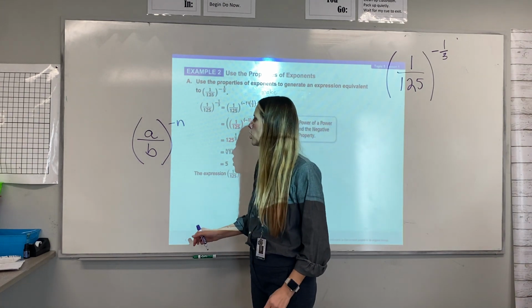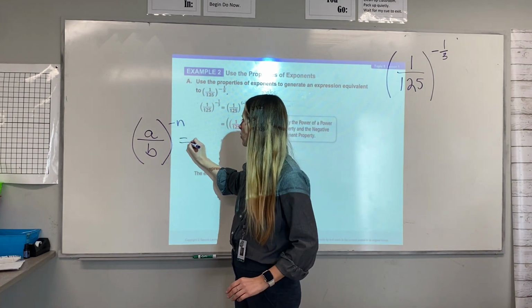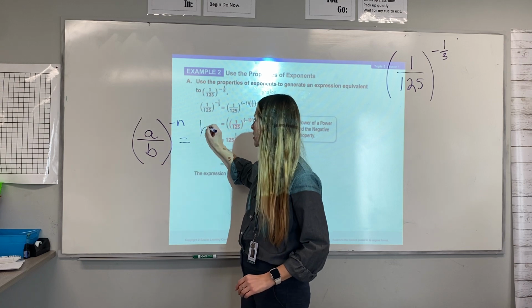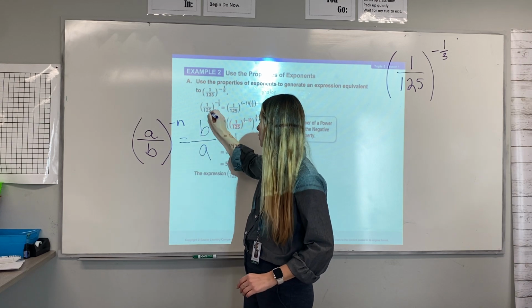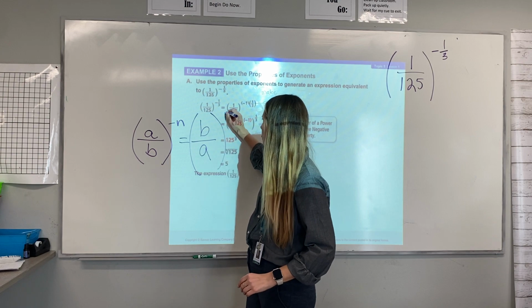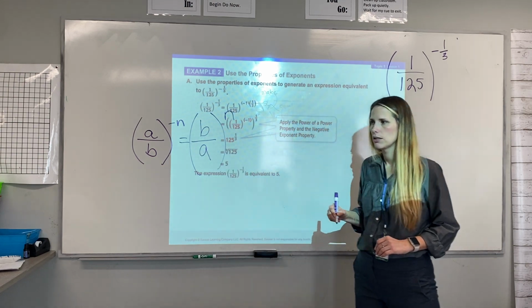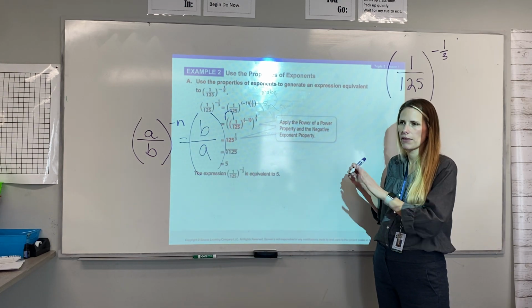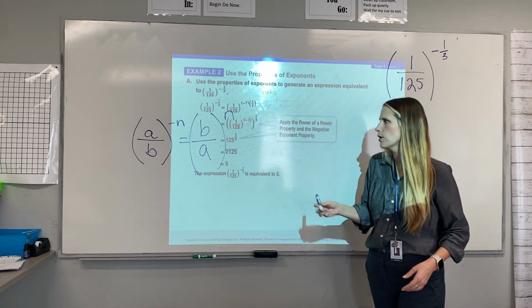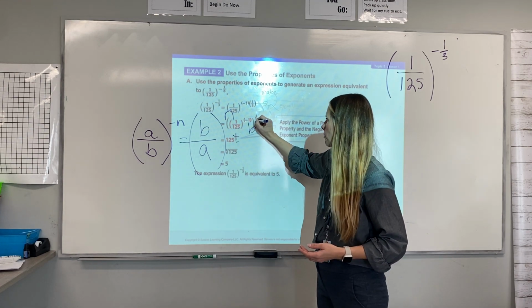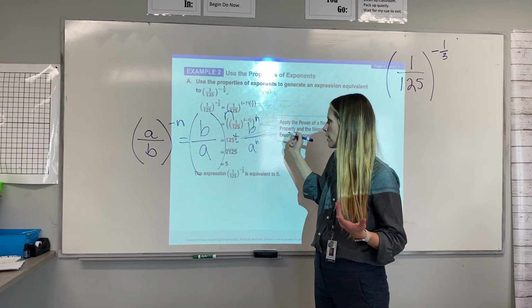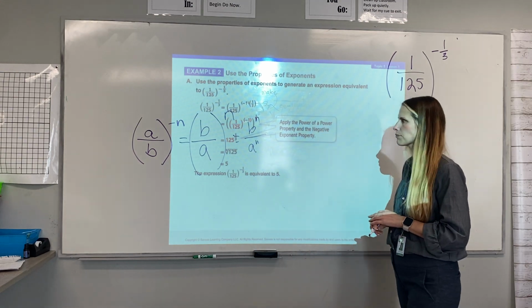So all we're going to do is do flippies. The b goes upstairs, the a goes downstairs, and now it's raised to the positive n power. And then we would continue to simplify from there if there were anything left to do. It would be b to the n power over a to the n power.